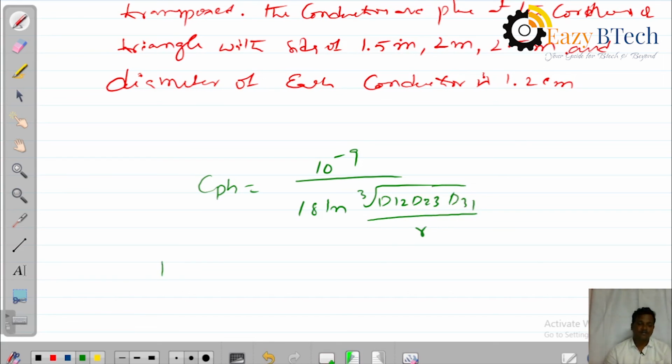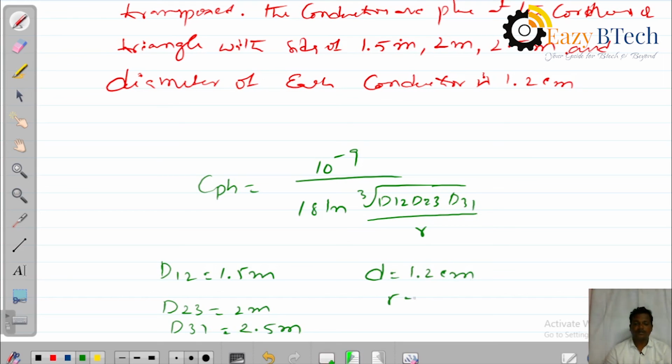What is given? d12 equals 1.5 meters, d23 equals 2 meters, d31 equals 2.5 meters. And also the given diameter of each conductor is 1.2 centimeters, so radius equals 0.6 centimeters. You can convert this 0.6 centimeters into meters by multiplying with 10 power minus 2. Substitute all the values here.